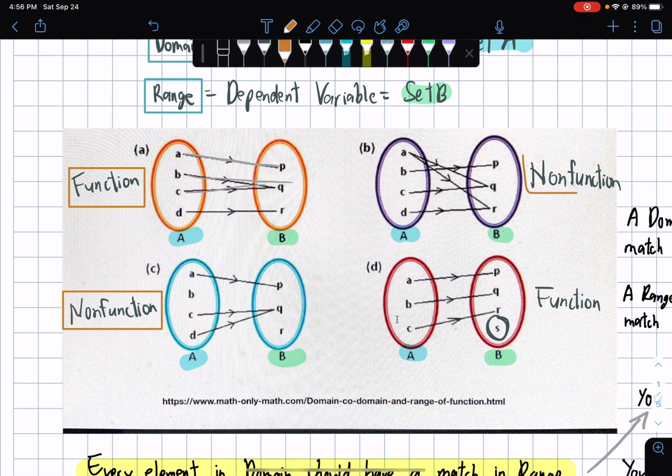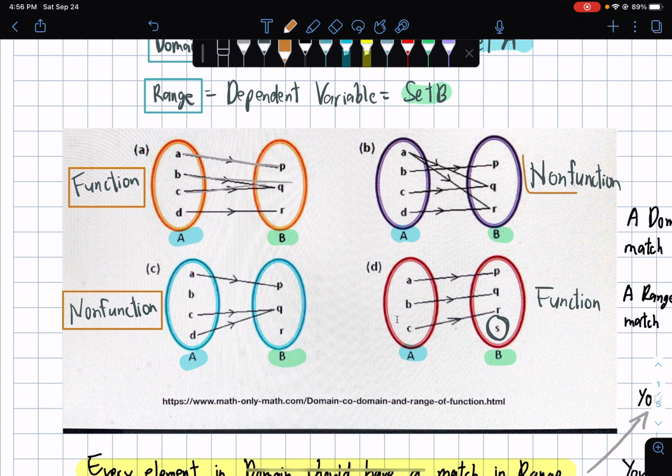It's associated completely with the range. It can repeat, in other words, a range element can have multiple affairs with domain elements. It could have more than one match.